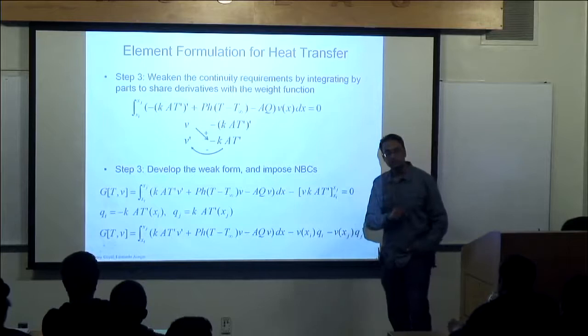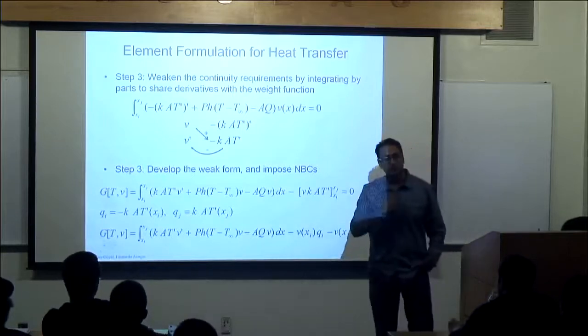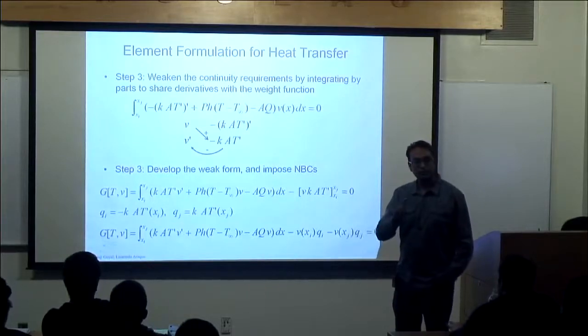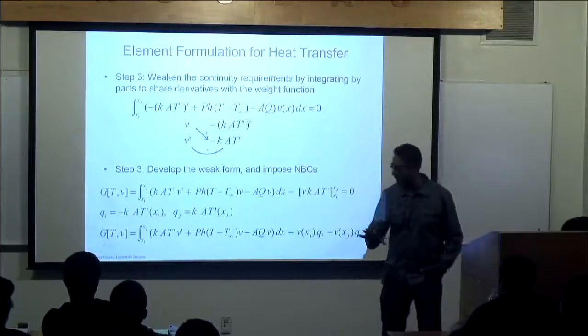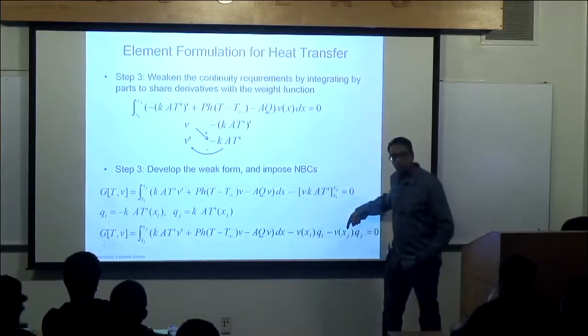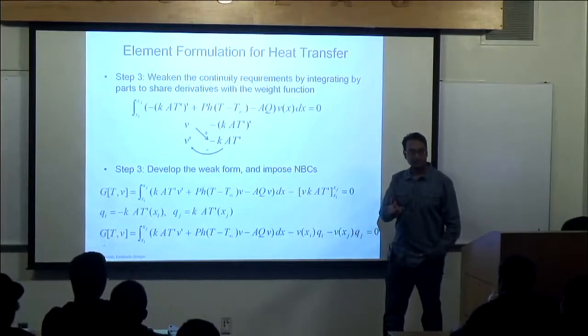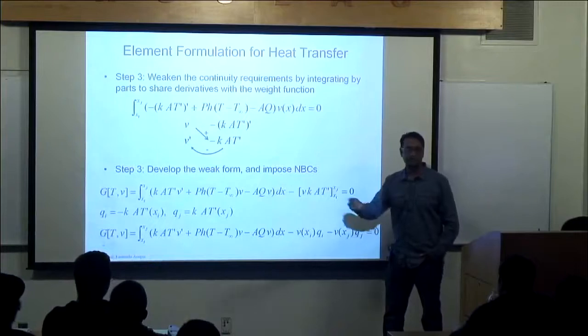There's a question out there. Just a general question about your setup: are you saying that heat into the system is positive or negative? Excellent question. The question is how do I choose a sign convention, and how does that imply what's positive, going into the system or out of the system?